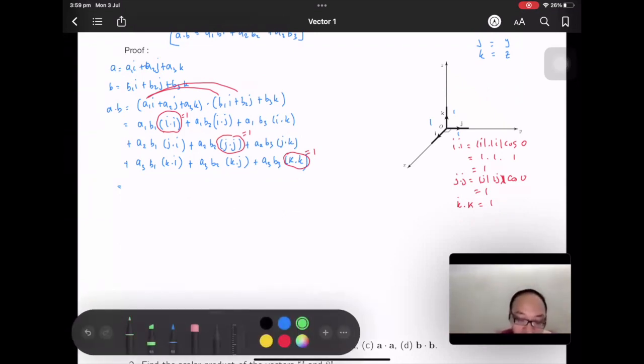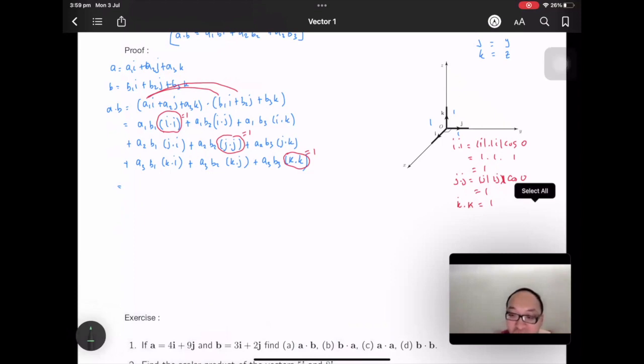Okay, i and j. I write down here. i dot j is the magnitude of i times the magnitude of j times cos of the angle between i and j, which, if you see, is a right angle, so 90 degrees.